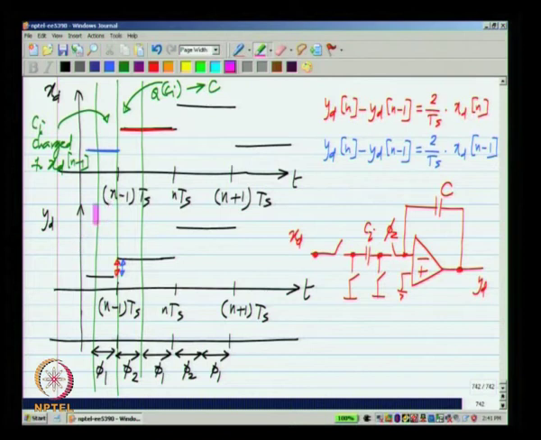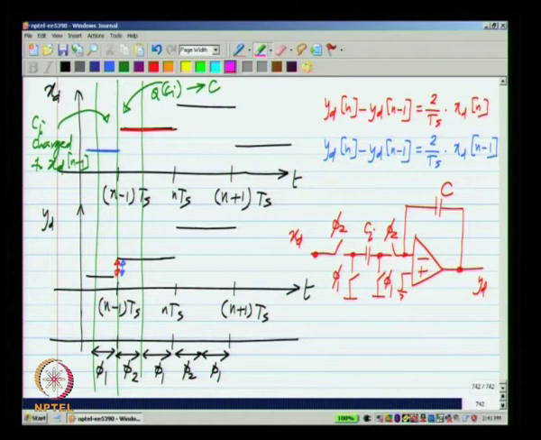So, that means that this has to be phi 2 and these two have to be phi 1. I am showing you the topology which implements this function. Later I will show how to analyze circuits like this. This is a general class of circuits known as switched capacitor circuits, and they are very useful, and they can implement any discrete time transfer function that you would like to realize.